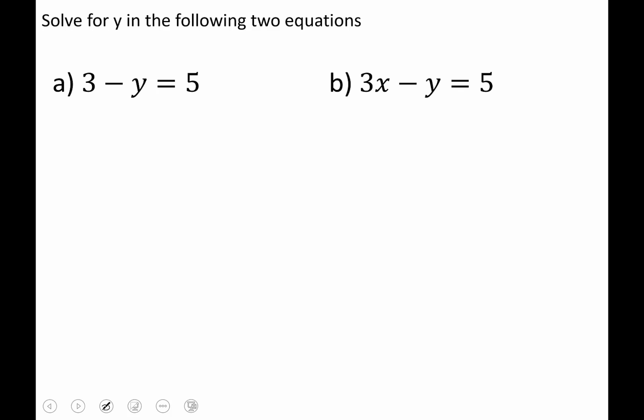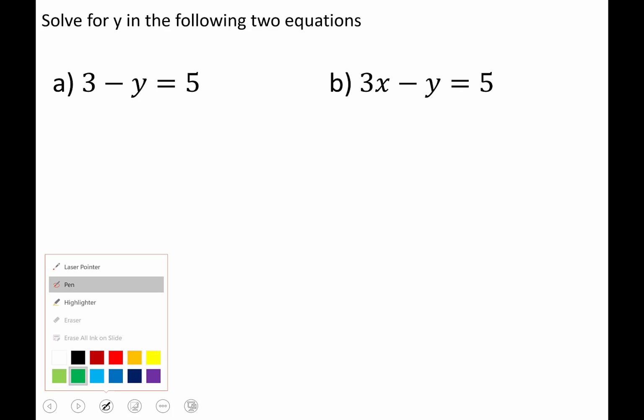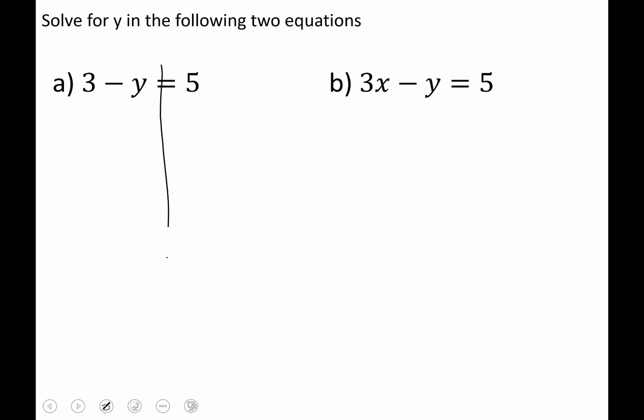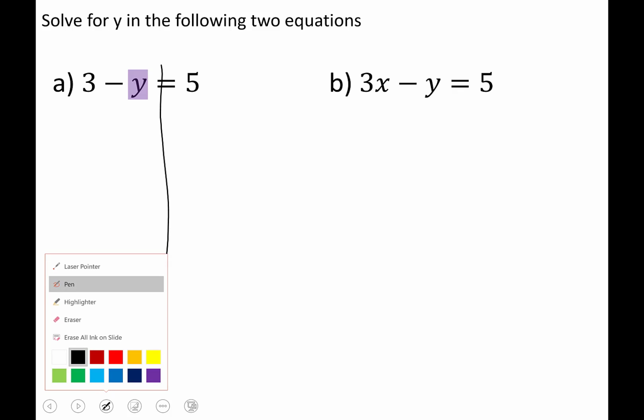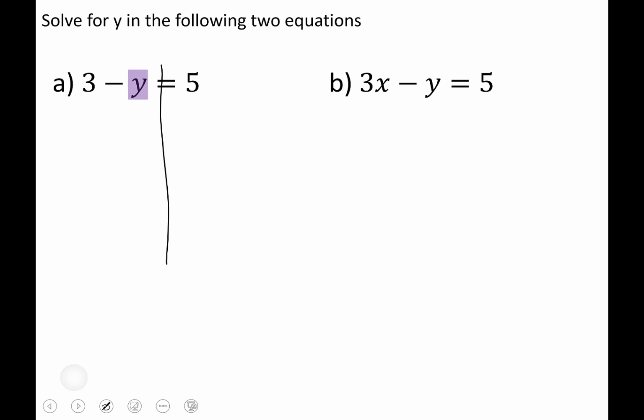I've got 3 minus y is equal to 5. I'm isolating y on this one, since my instructions say solve for y. So again, first thing I need to do is move that constant. Remember, the constant is the number by itself. So I'm subtracting 3 from both sides. That leaves me with negative y equal to 5 minus 3, which is 2.